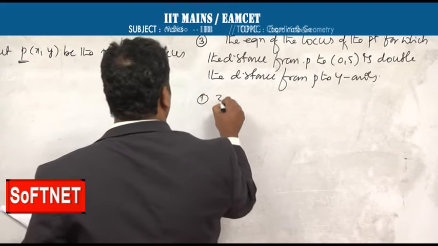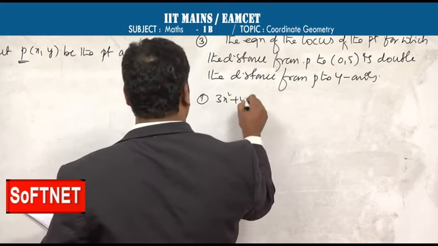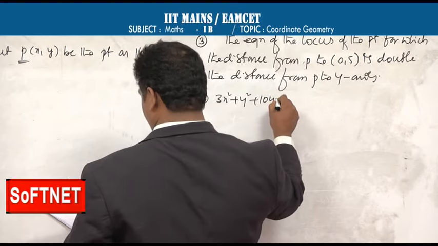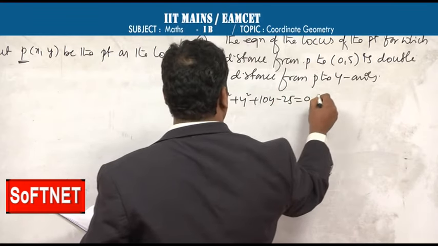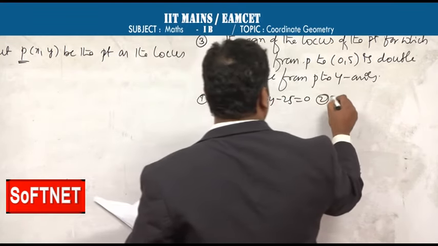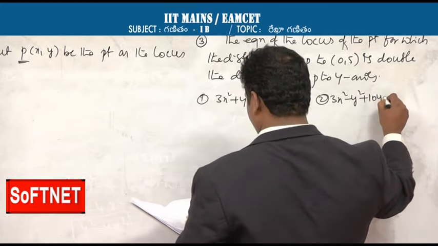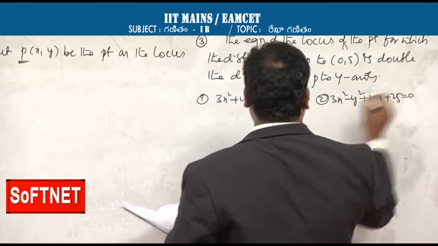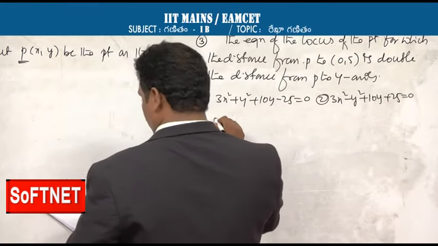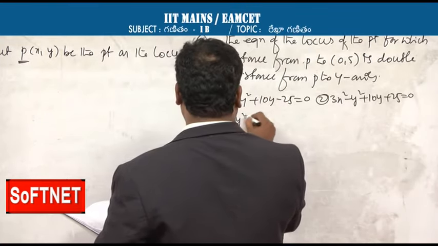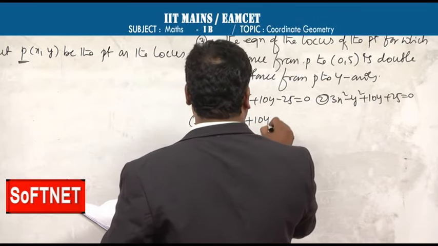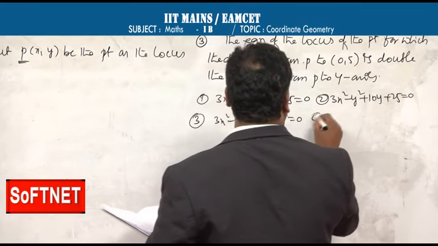The options say: 3x square plus y square plus 10y minus 25 equal to 0. The second option is 3x square minus y square plus 10y plus 25 equal to 0. The third one is 3x square minus y square plus 10y minus 25 equal to 0.